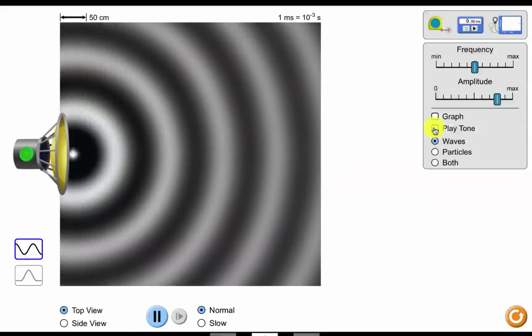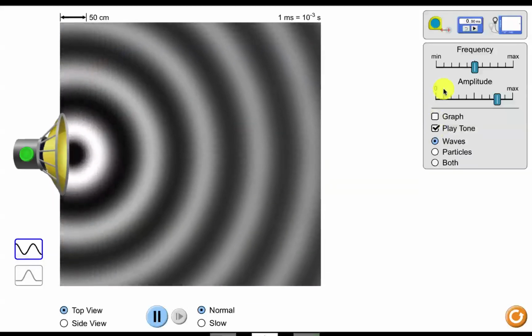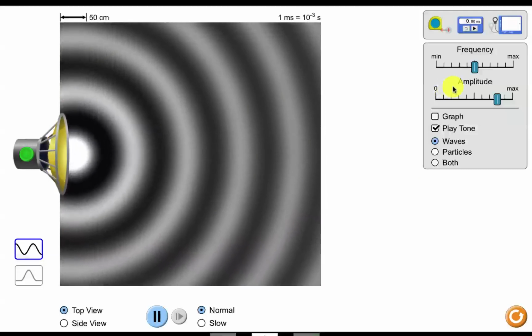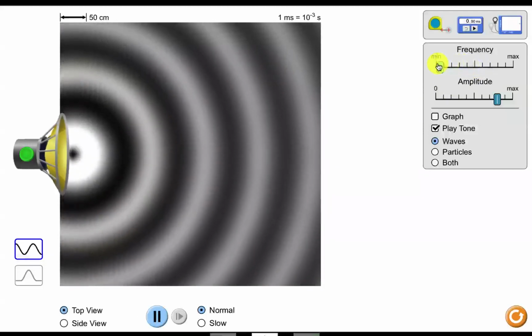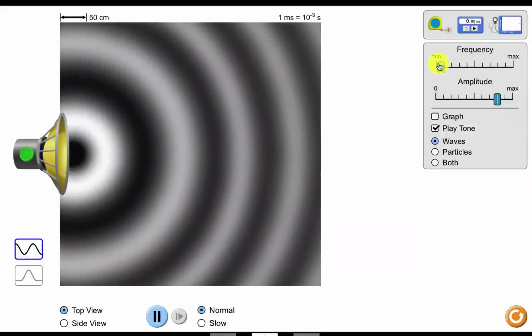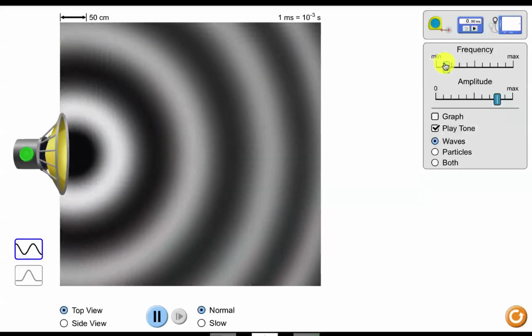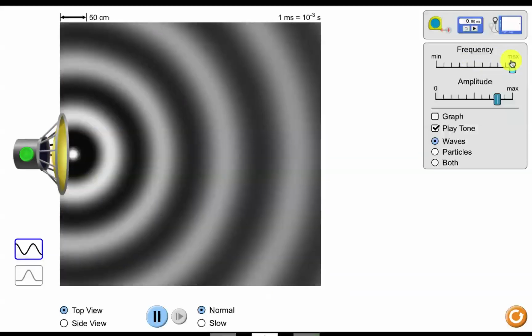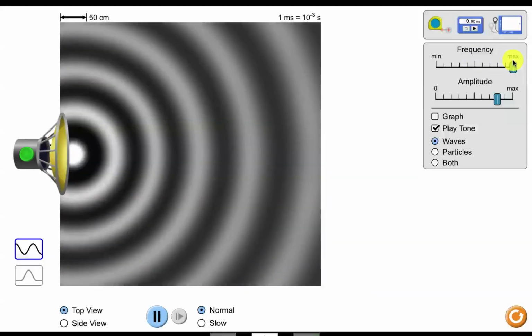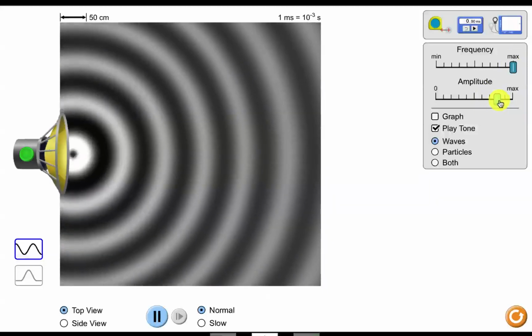I can ask it to play a tone. So if you hear it, this is what it sounds like. Now I can either decrease the frequency or increase. I can change the amplitude.